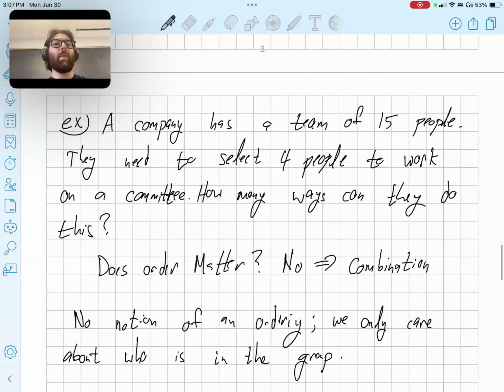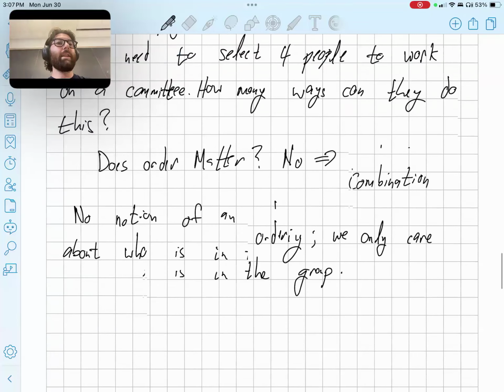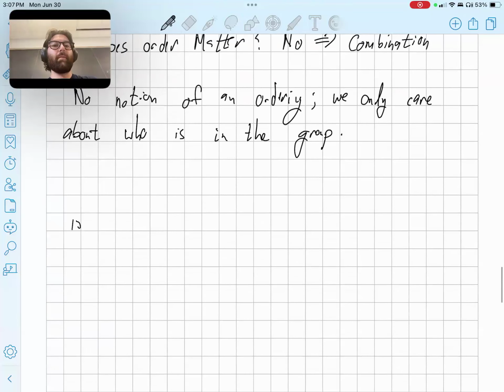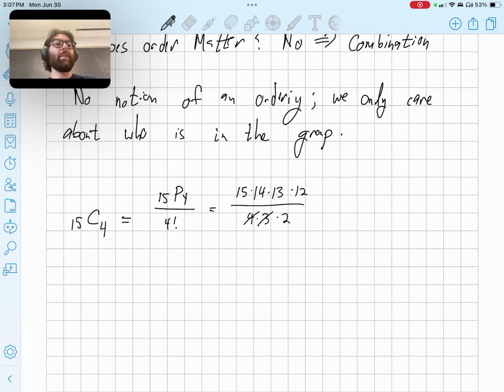And so the combination we want to do is 15 choose 4. So that's 15 permute 4 over 4 factorial. That's 15 times 14 times 13 times 12 over 4 times 3 times 2. Well, 4 times 3 is 12, so I can cancel the 4 and the 3 with the 12.